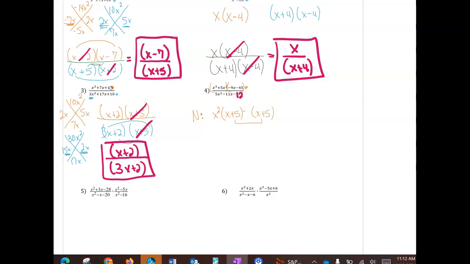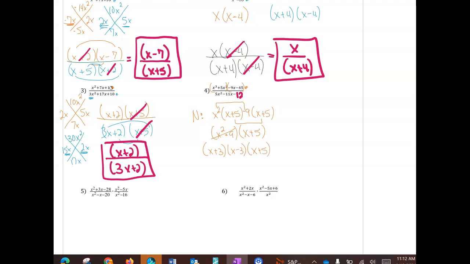That means I'll be factoring out a negative 9. So my factors right now are x squared minus 9, which is a difference of squares, we'll come back to it, and x plus 5. x squared minus 9 can turn into x plus 3, x minus 3. So there is my numerator.